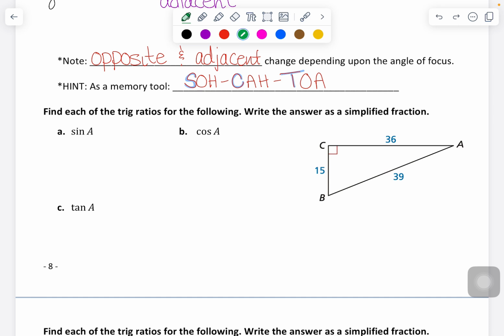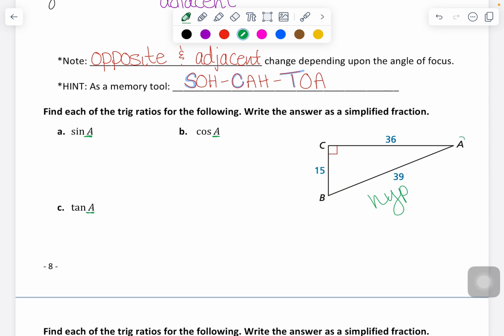So we want to do sine of A, cosine of A, and tangent of A. That is very important to look at on your problems first, because if those angles were not all A, I would have to be careful with how I approach my triangle. Since they are all A, the opposite and the adjacent are not going to change in this picture. So here's my hypotenuse, which I generally just label H or HYP to help me identify it.